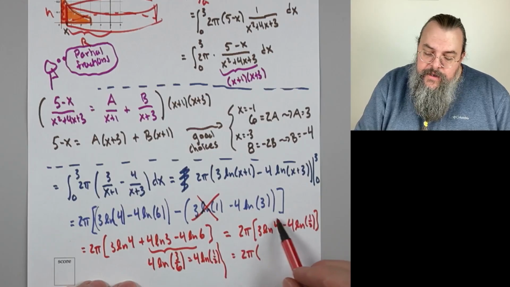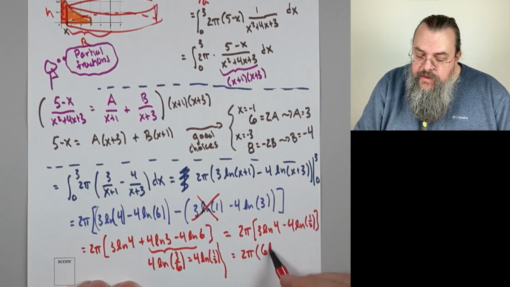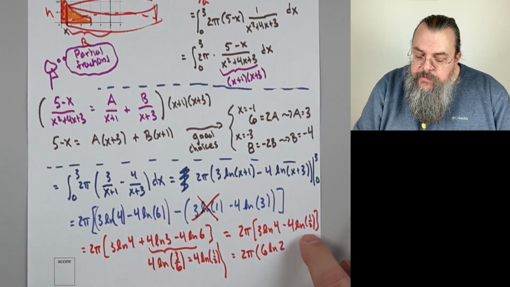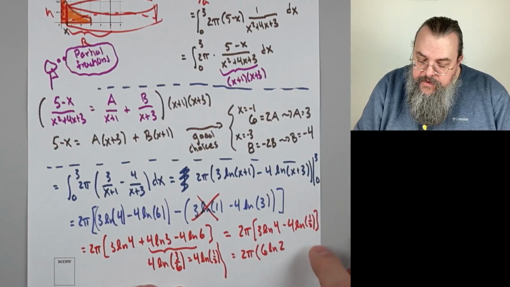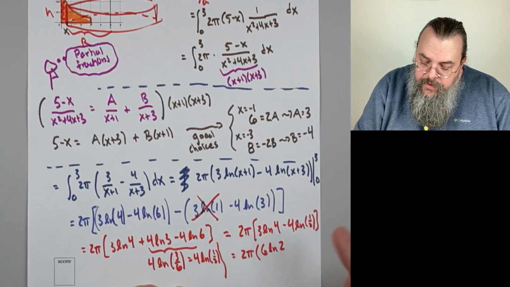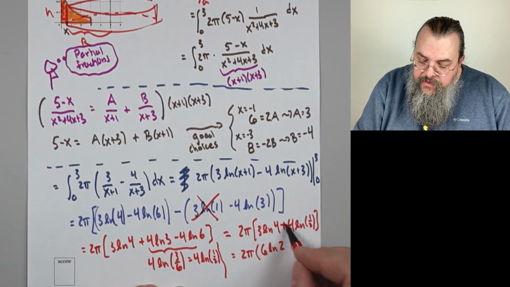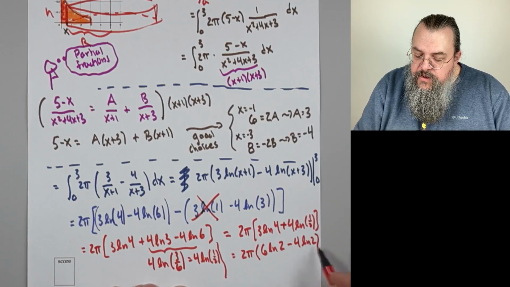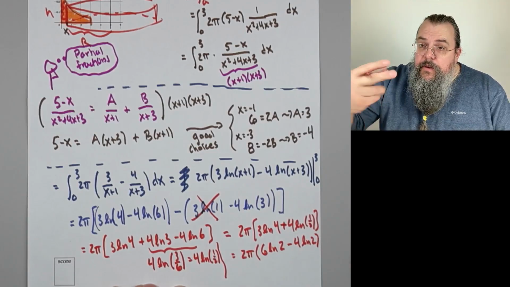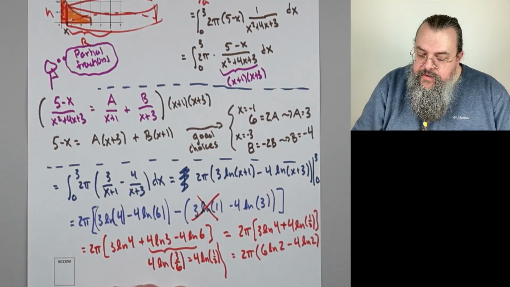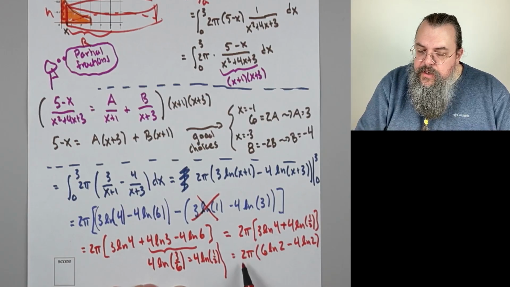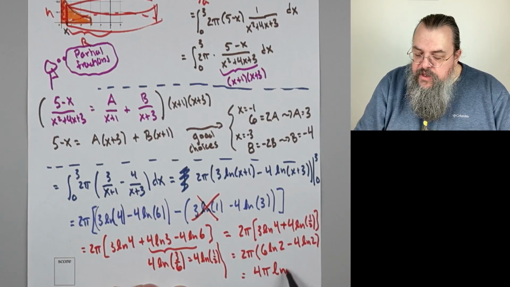And 2 squared, you can bring the 2 down, that's 6 natural log of 2. And then natural log of a half, whoops, why did I write minus there? It's plus 4 natural log of a half. This is the same as minus 4 natural log 2, because natural log, if you flip it, put a minus. And so we end up with 6 log 2 minus 4 log 2 is 2 log 2, times 2 makes it 4 pi natural log of 2.